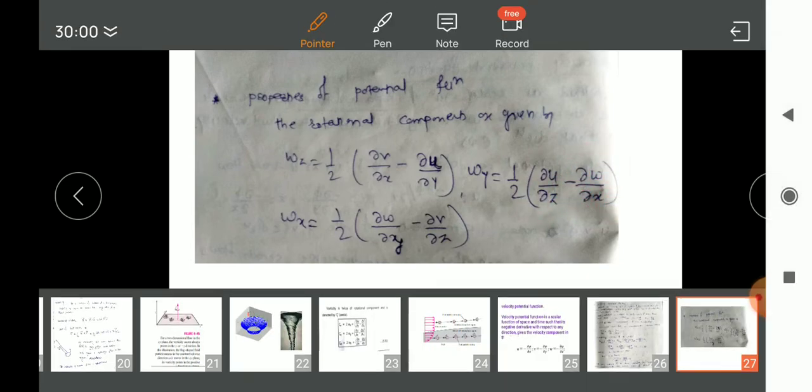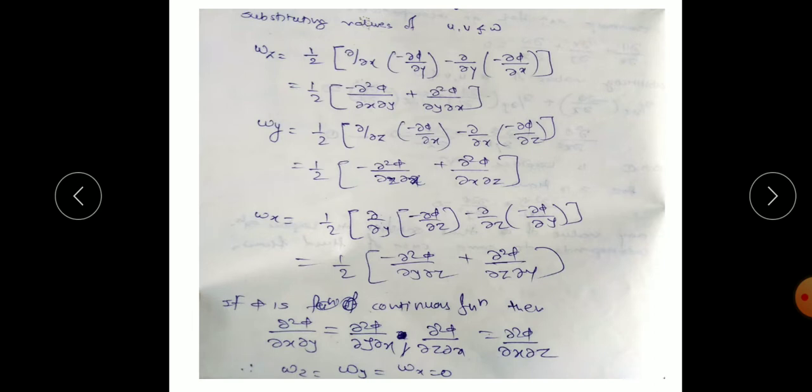Rotational component along y will be the average for the x and z axes. So substituting the value of u and v, we get half of ∂²φ/∂x∂y. Similarly, we get the equations for ωy and ωx.